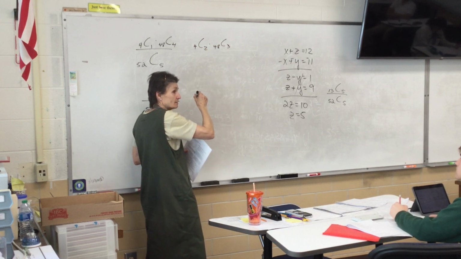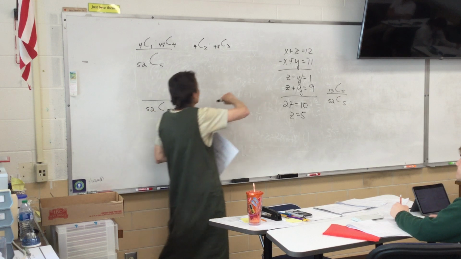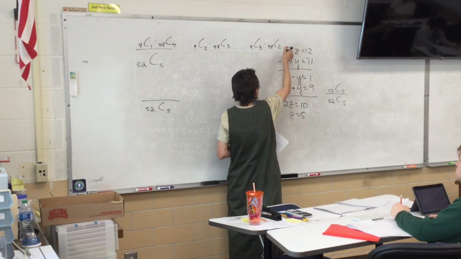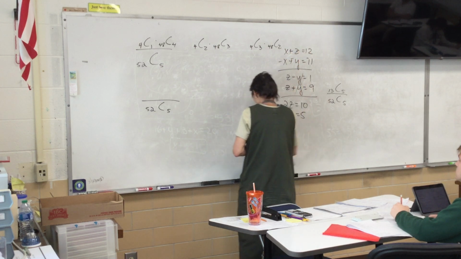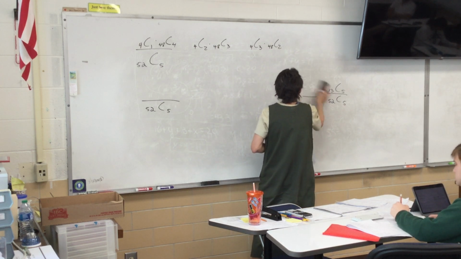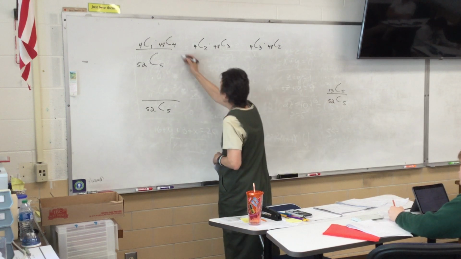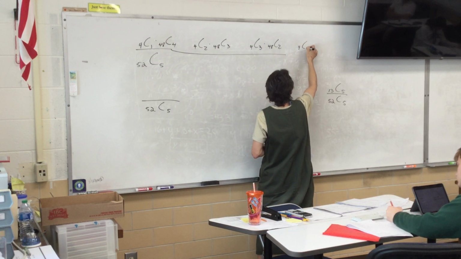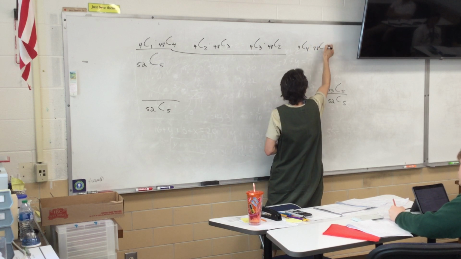Would you agree with that? And 3 aces would be 4C3, 48C2. And 4 aces, and all of these are over 52C5. And 4 aces would be 4C4 times 48C1.